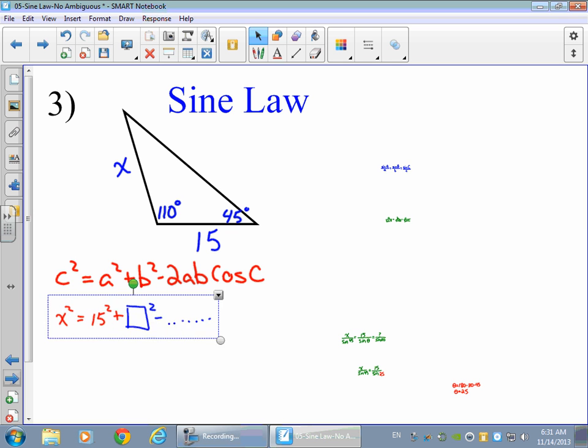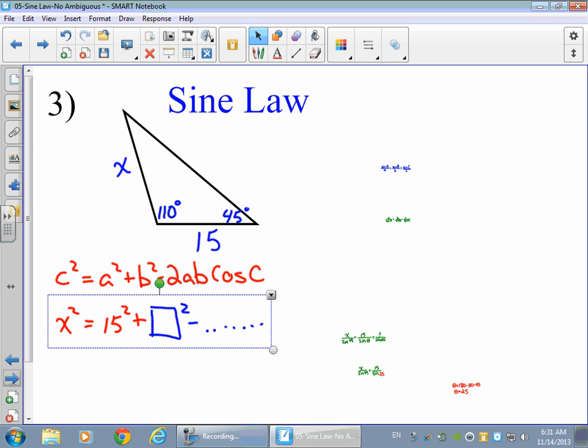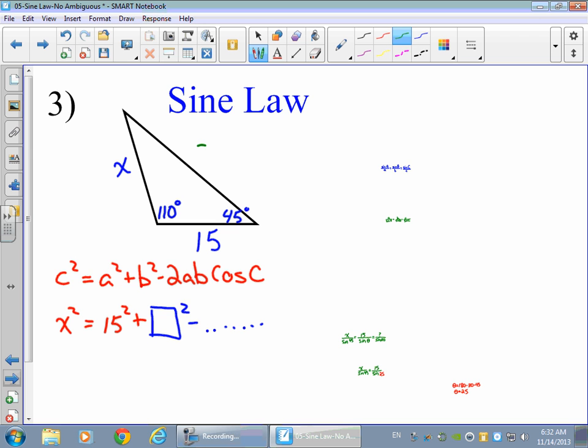So when I try to plug those numbers in, I'm looking for the x squared, so it's my C value. The 45 degrees would become the angle C. So when I'm looking for the other numbers now, 15 can go in for the A, but then I don't know this value here. And so essentially in my equation, I would end up with two unknowns. So we do need a third option.